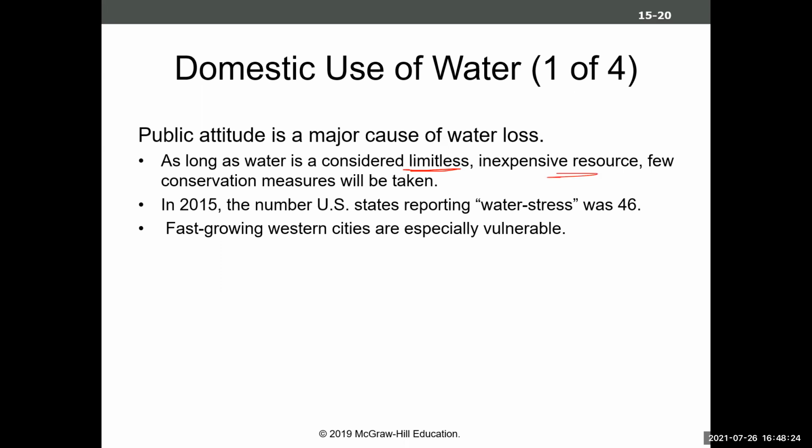It's inexpensive, and because of that outlook, there's not a lot of conservation methods taken to conserve water. However, if you look at the number of states reporting water stress, that's 46 out of 50. That's almost 100%. Especially if you're in the western states, you're really vulnerable to this water stress issue.